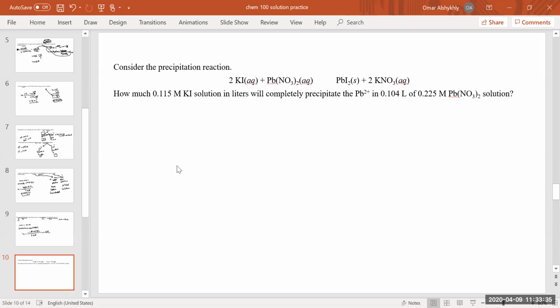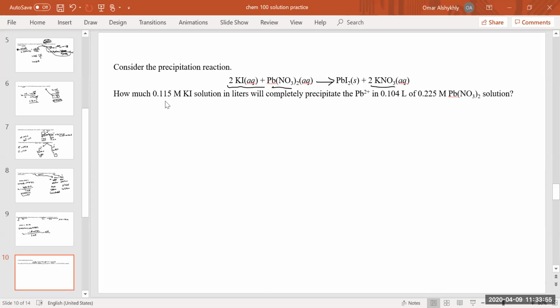Stoichiometry for the solution. Consider the precipitation reaction: 2KI plus Pb(NO3)2 give us PbI2 plus 2KNO3.